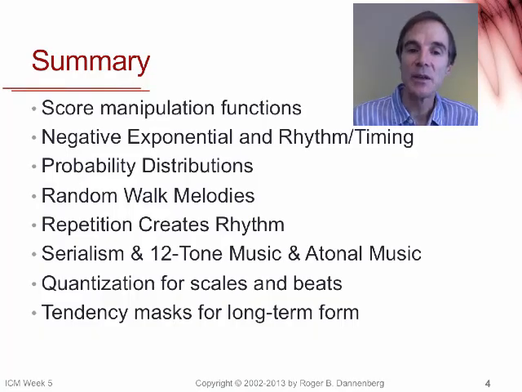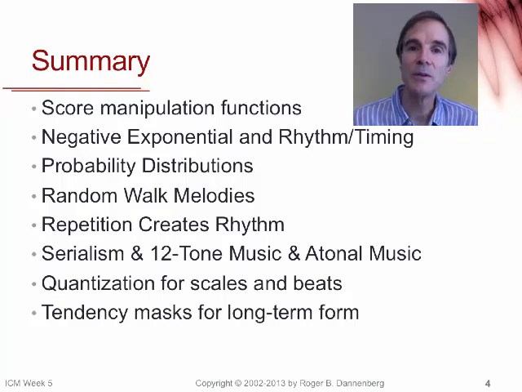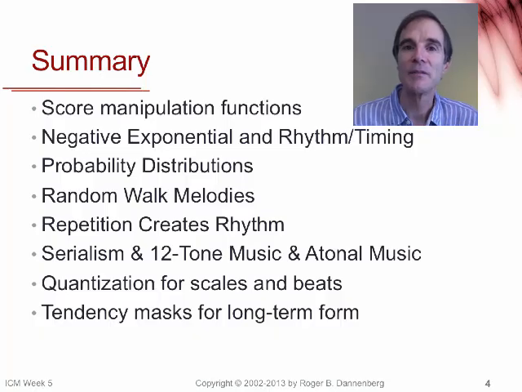We talked about serialism and 12-tone music and atonal music, the use of tone rows, and we looked at quantization for scales and for beats as a way of reintroducing structure into continuous random variables. And we just looked at tendency masks for long-term form. So you now have a lot of tools for generating music algorithmically and exploring all kinds of new sounds and forms and approaches to making music.